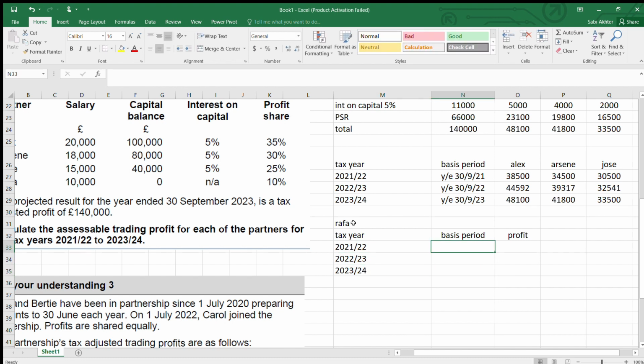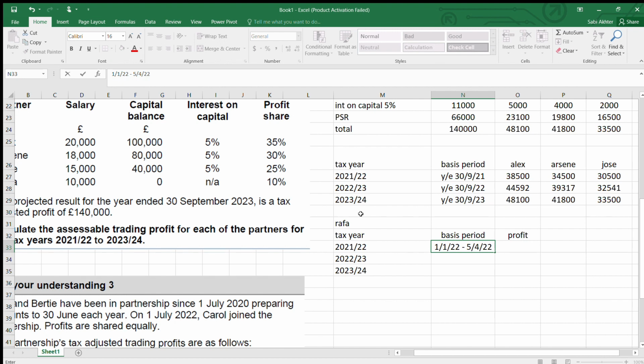Basis period. Remember, for him, the basis period will be from the day he commenced, 1st of Jan 22, to 5th April, the following tax year end. That is 5th April 2022.